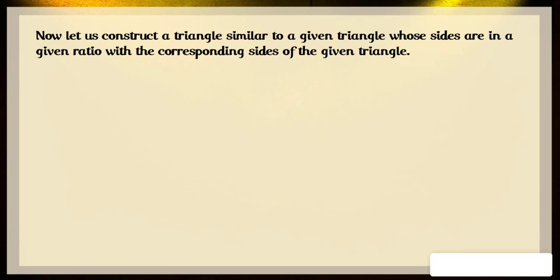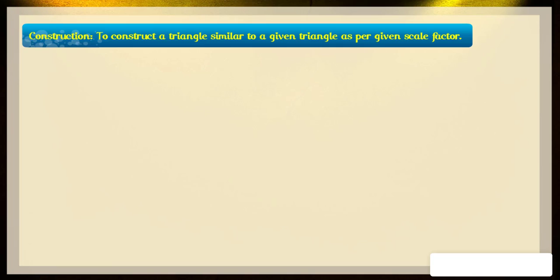Now let us construct a triangle similar to a given triangle whose sides are in a given ratio with the corresponding sides of the given triangle. Construction. To construct a triangle similar to a given triangle as per given scale factor.